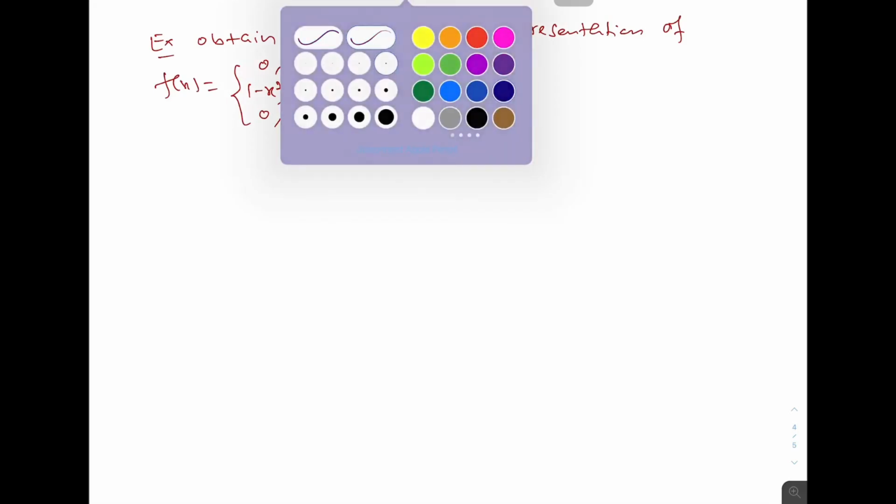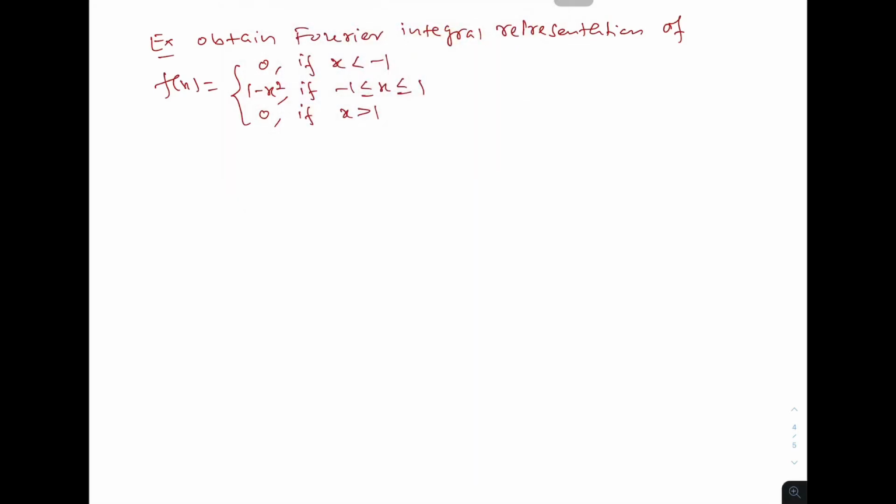Okay, so we need to take the Fourier integral representation of this function.